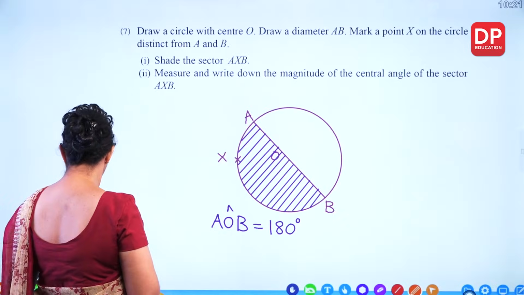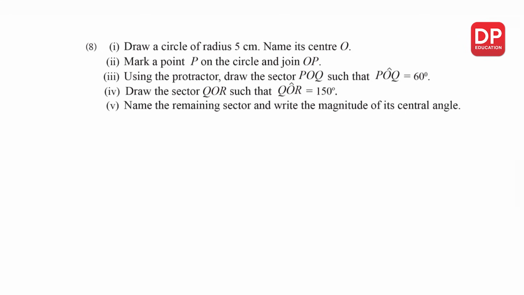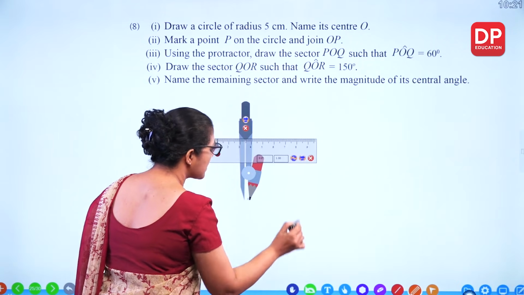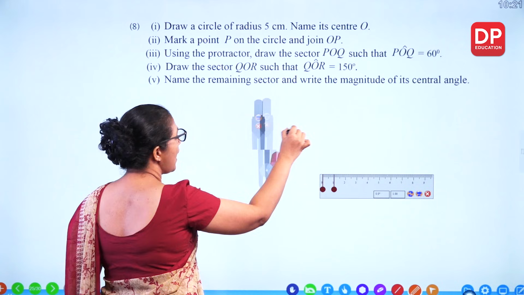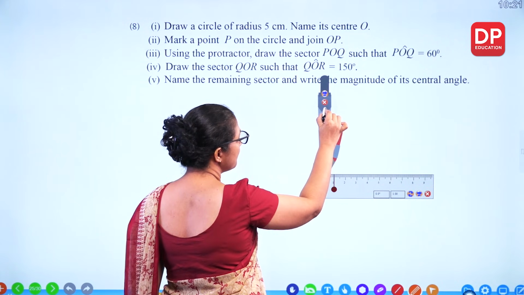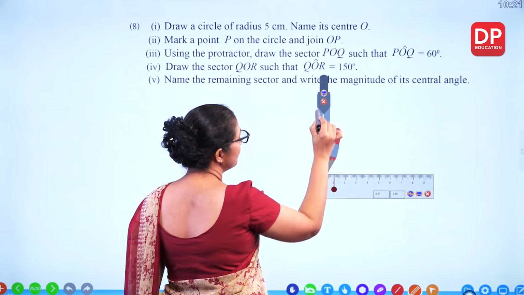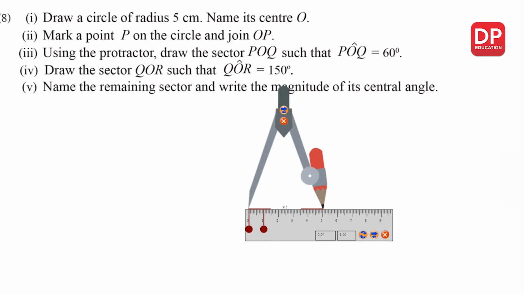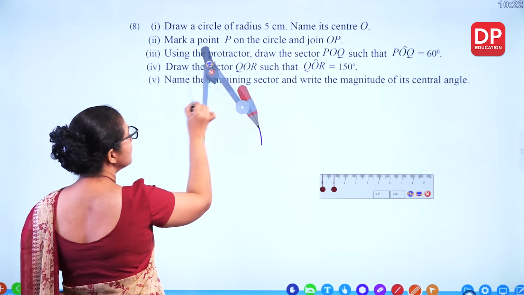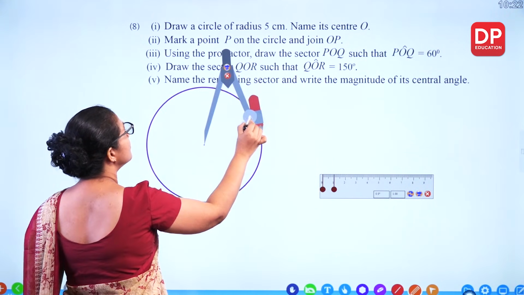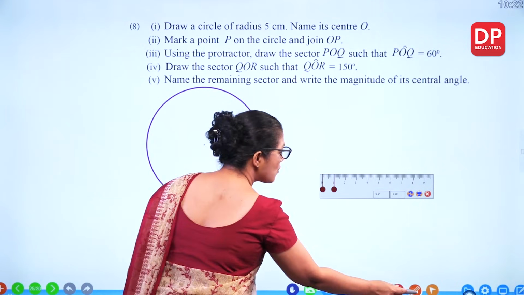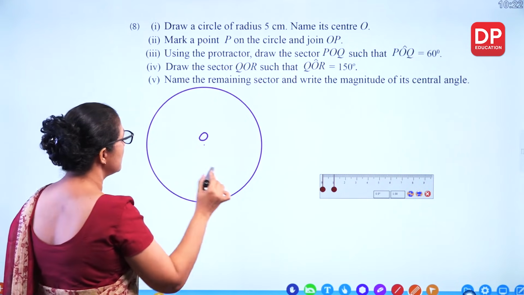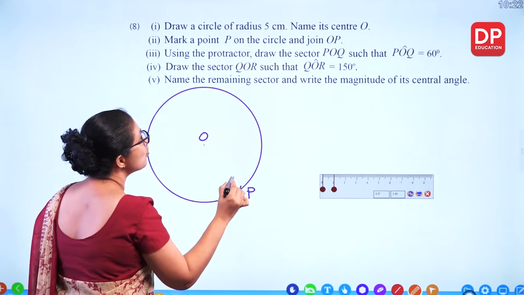Draw a circle of radius 5 centimeters and name its center O. So you take the ruler and the compass. You can measure 5 centimeter length and draw a circle, and name the center as O. Mark a point P on the circle. Mark any point P and join OP.